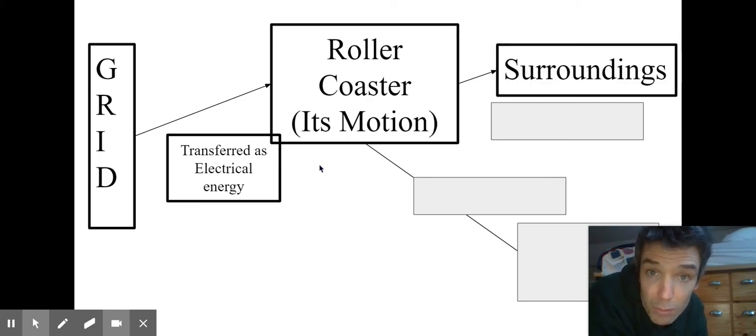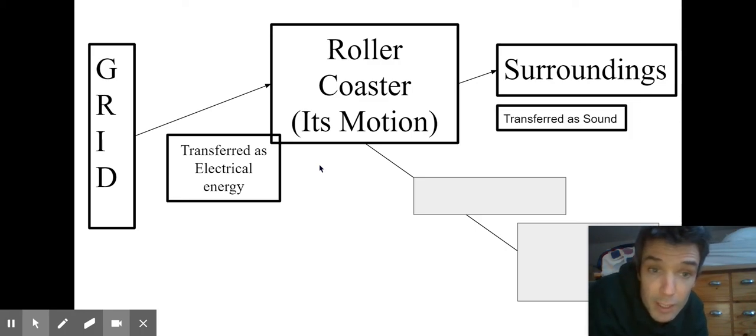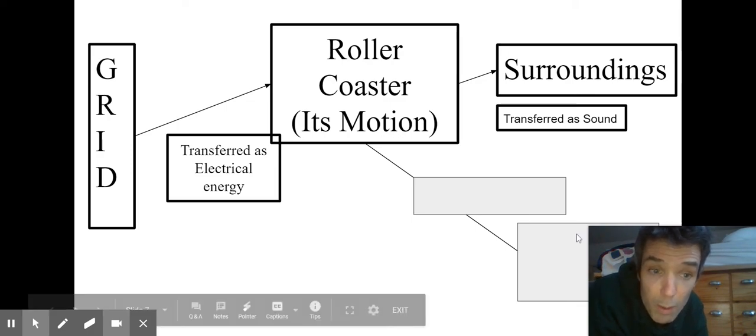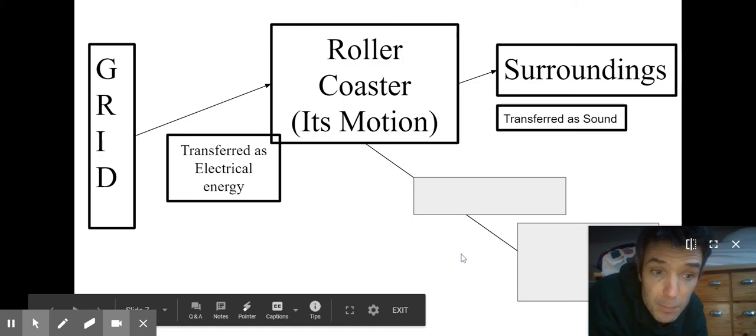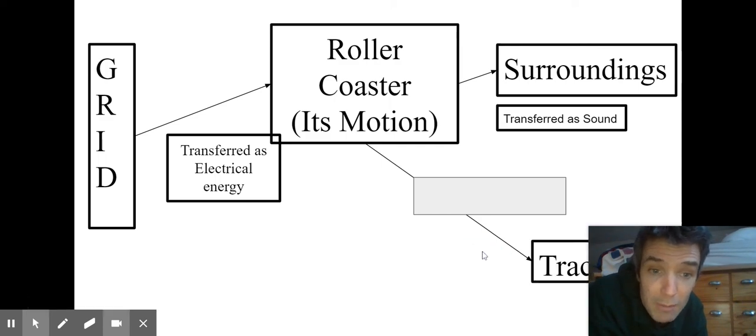So, after that, some of the energy that goes into the roller coaster gets transferred into the surroundings as sound. Actually, not most, some of it gets transferred into the sound, while most of the energy gets transferred into the track as heat.